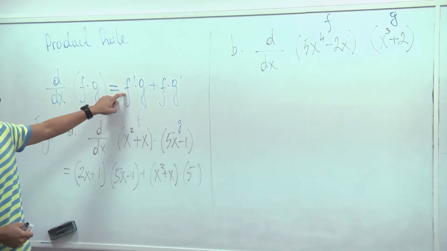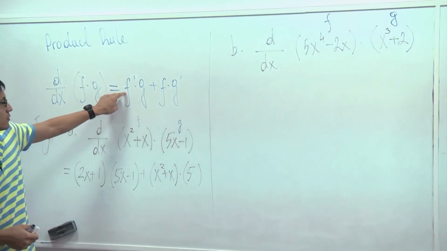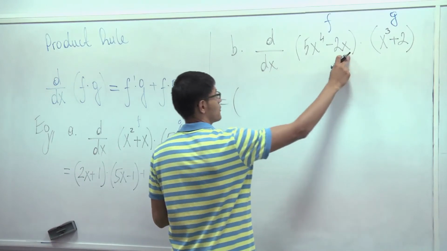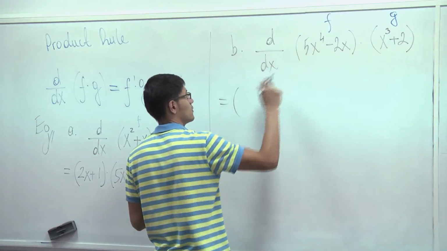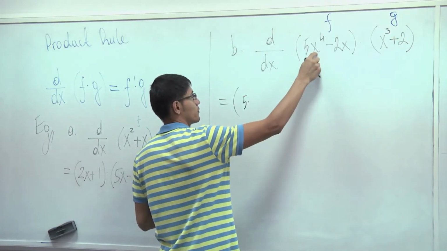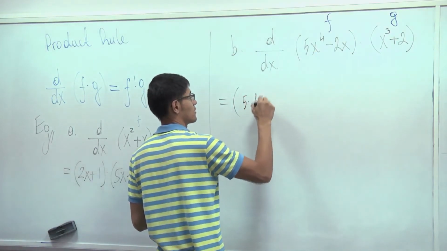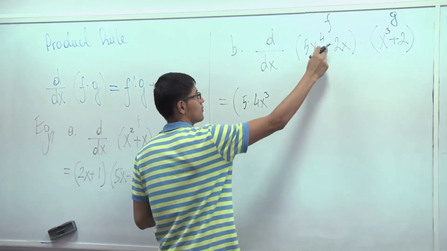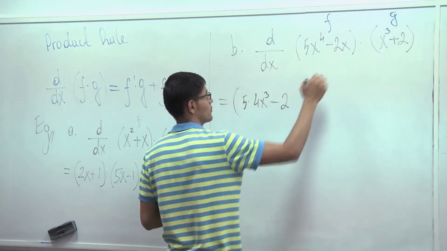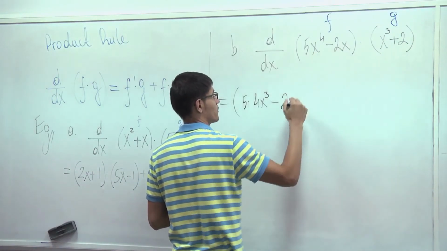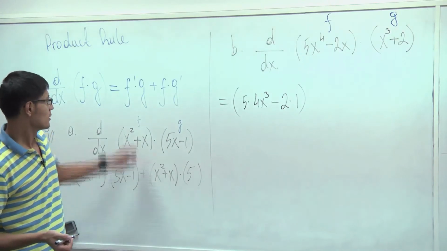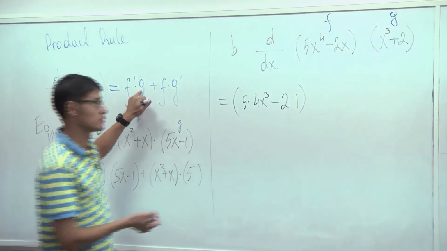First, you take f prime. So if this is f, f prime will be, let's see, we have 5 times the derivative of x to the fourth, which is 4x cubed, minus the derivative of 2x, which is 2, right? Because it's 2 times the derivative of x, which is 1. So that's f prime times g.